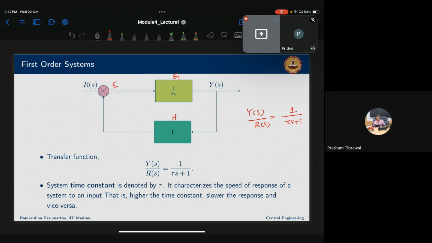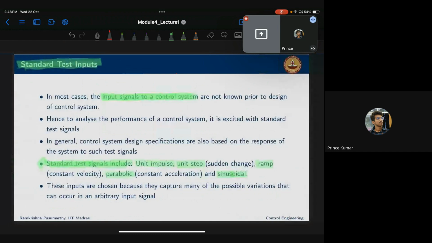Hello. Sir, for the parabolic signal, in one of the graded assignment questions, they asked to put r of t as a parabolic, where I put the unit parabolic as 1 by 2 t square. Then in the s domain I got the Laplace as 2 by s cube, right?